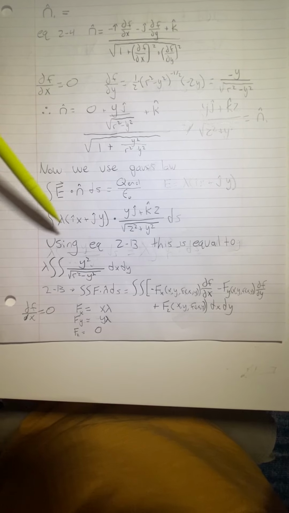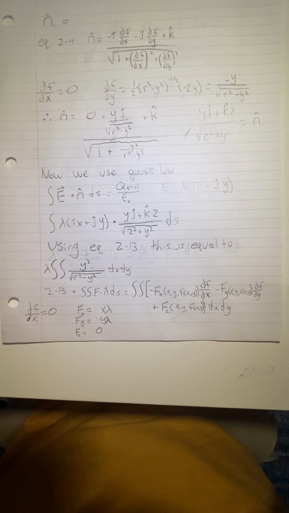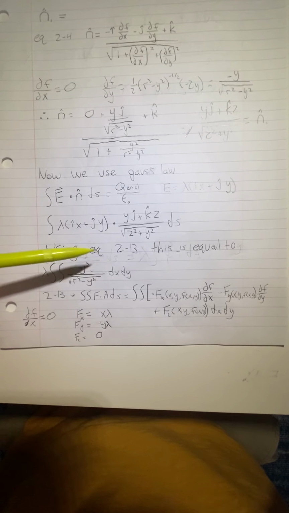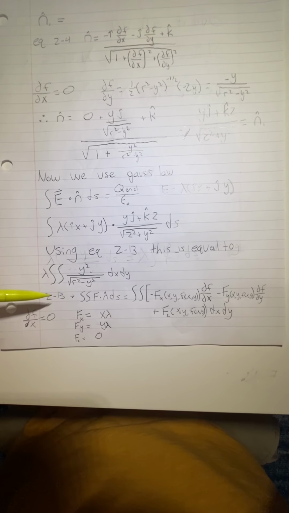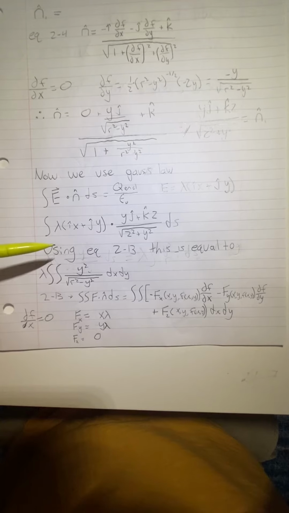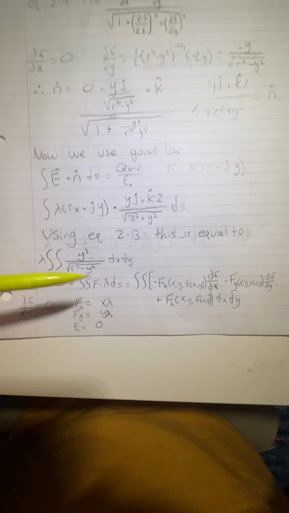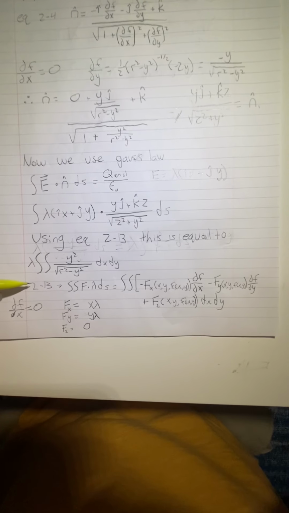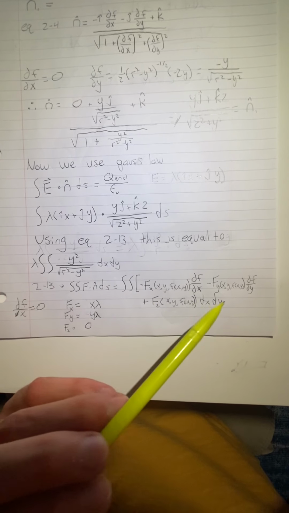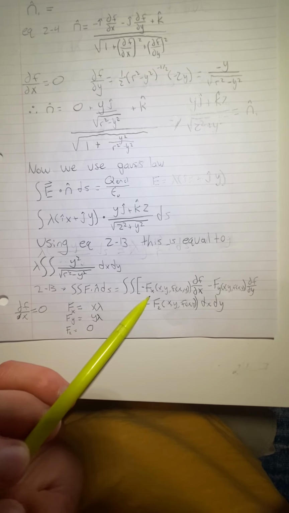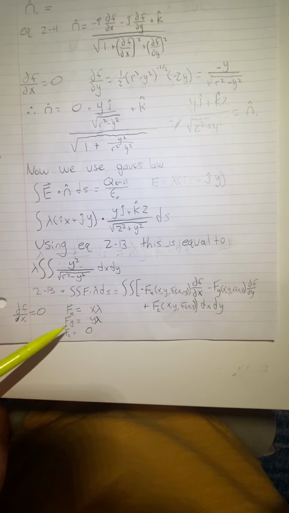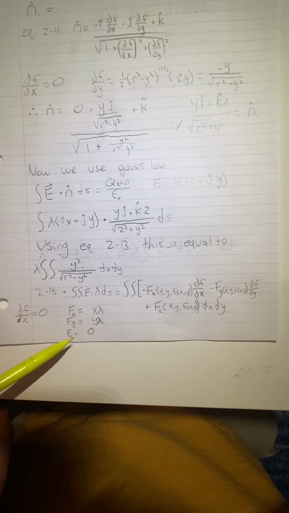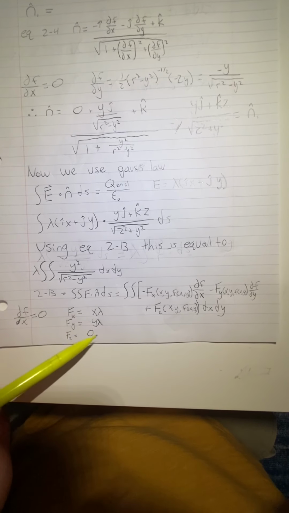When we take this dot product here, the final dot product is this, but you use equation 2.13 to get to that. This is equation 2.13 from the textbook, and you go through breaking it into components. Basically fx is x lambda, fy is y lambda, and fz is 0 because there's no z component.